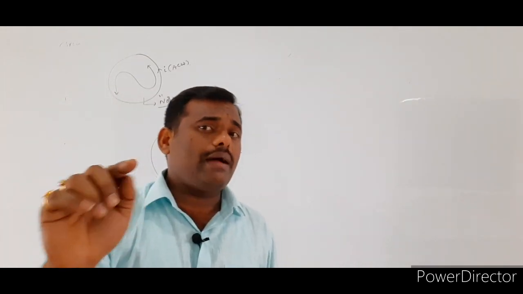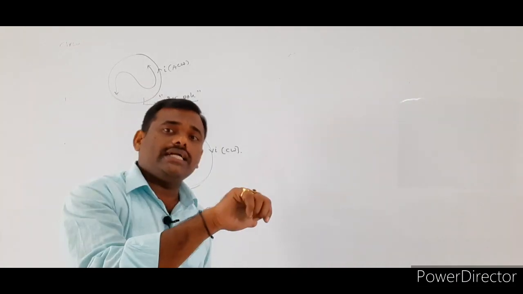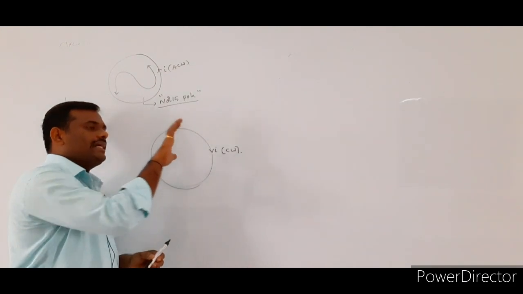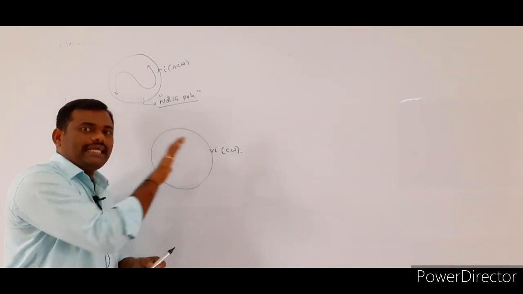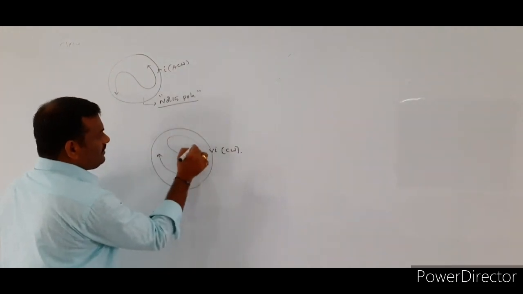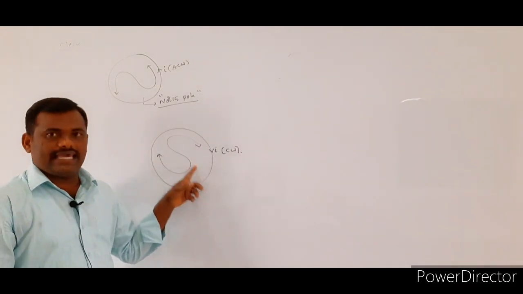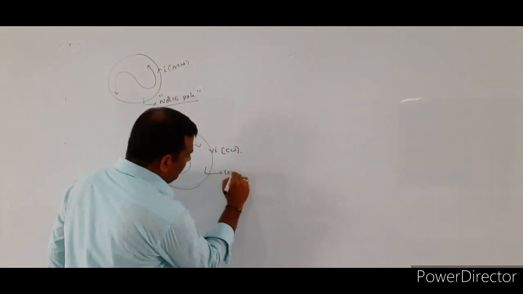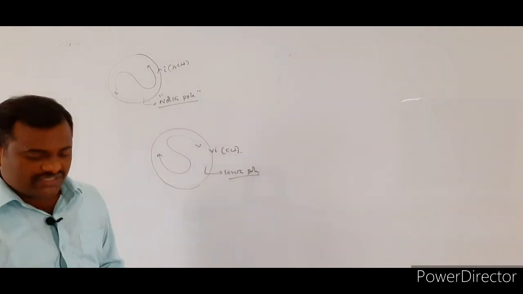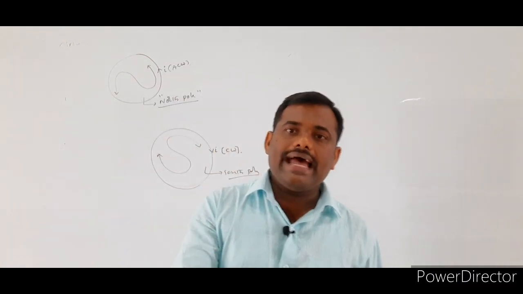Magnetic field lines come out from the north pole, and they enter into the south pole. So here the field lines act inversely, which means that face of the loop acts as a south pole.